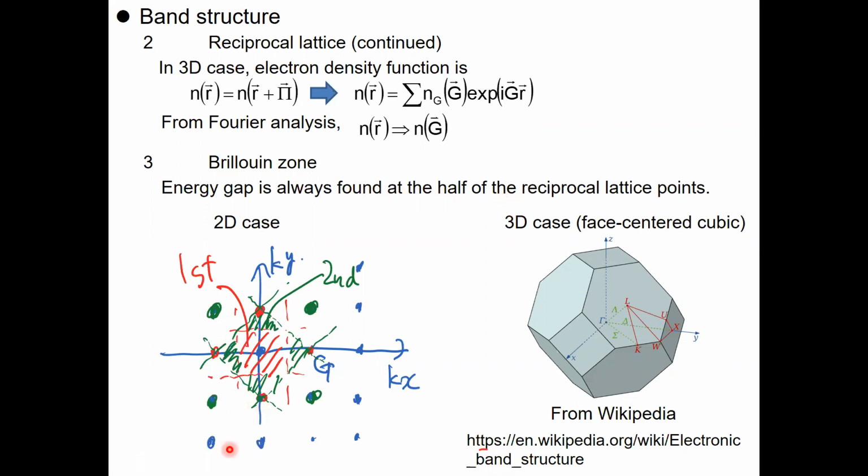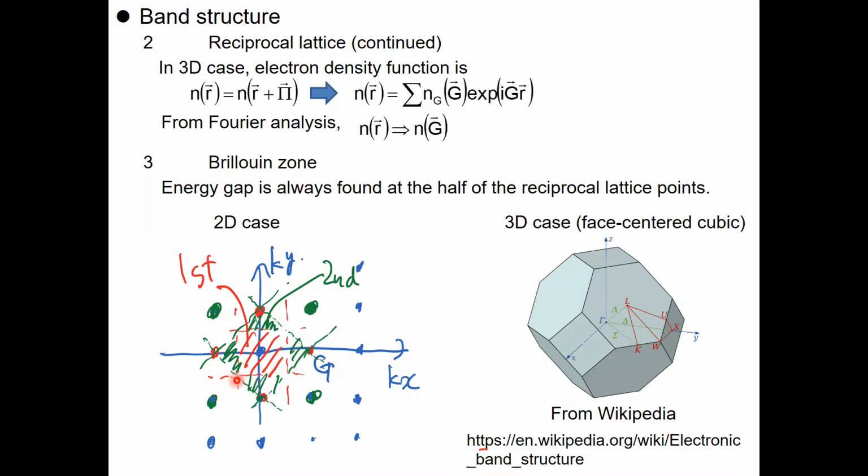Here's an example in the case of a 2D crystal. Each point indicates a reciprocal lattice position. When we think about this from the center, the nearest reciprocal lattice positions are these 4 red points.